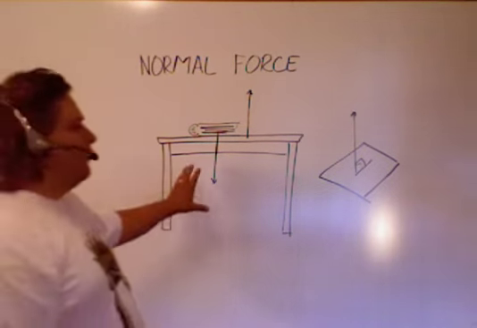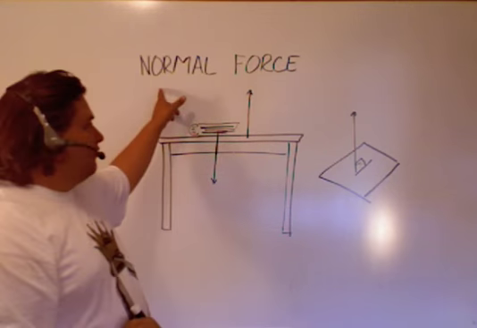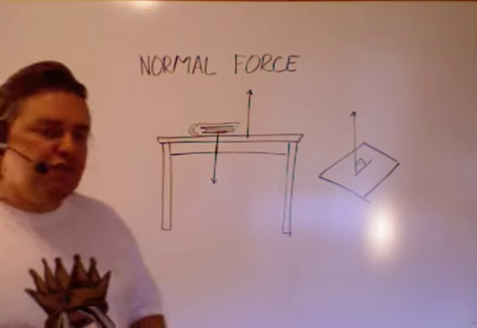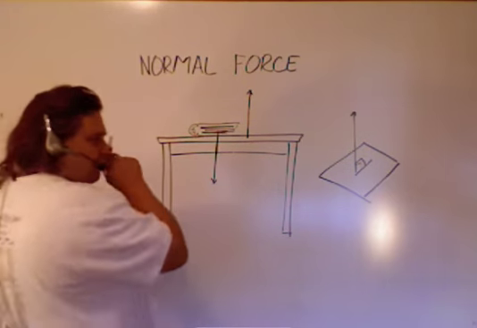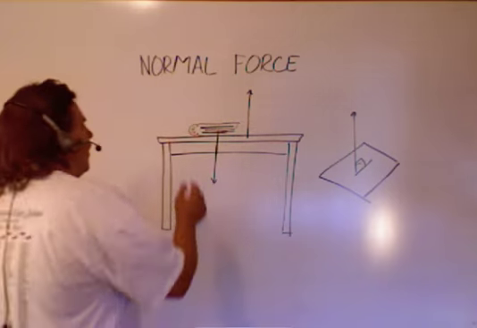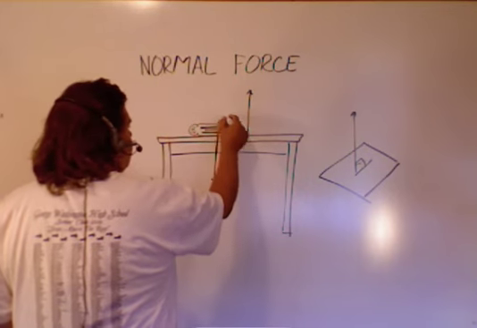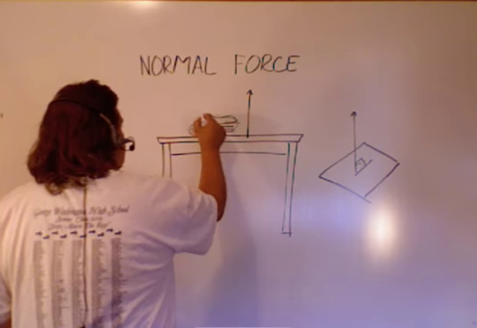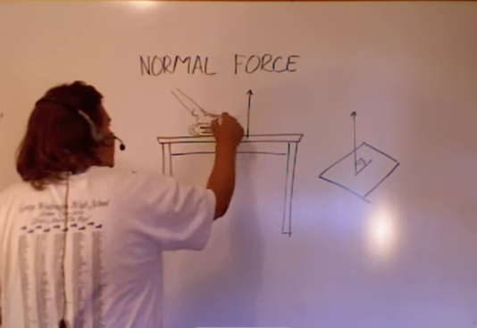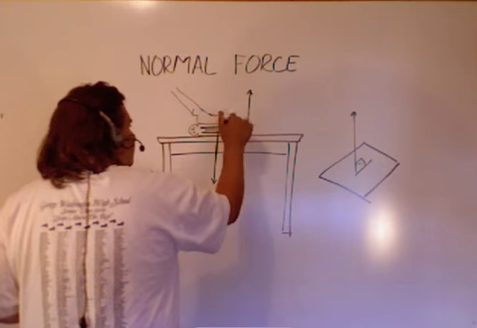Now, you may look at this model and go, hey, look, the normal force is nothing more than a response to the force of gravity. That's not always true. Take this exact same situation where I'm applying the force of the book, but then I put a hand on there that's going to apply a different force down. Not a very good hand, but oh well.